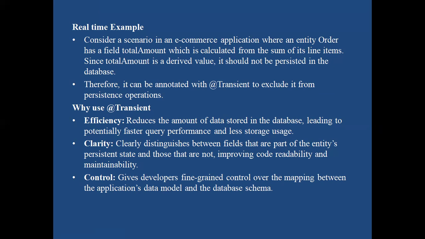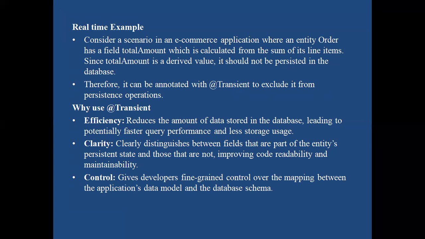Why do we use @Transient? Efficiency, clarity, and control. For efficiency, it reduces the amount of data stored in the database, potentially leading to faster query performance and less storage usage. Clarity clearly distinguishes between fields that are part of the entity persistence and those that are not, improving code readability and maintainability.